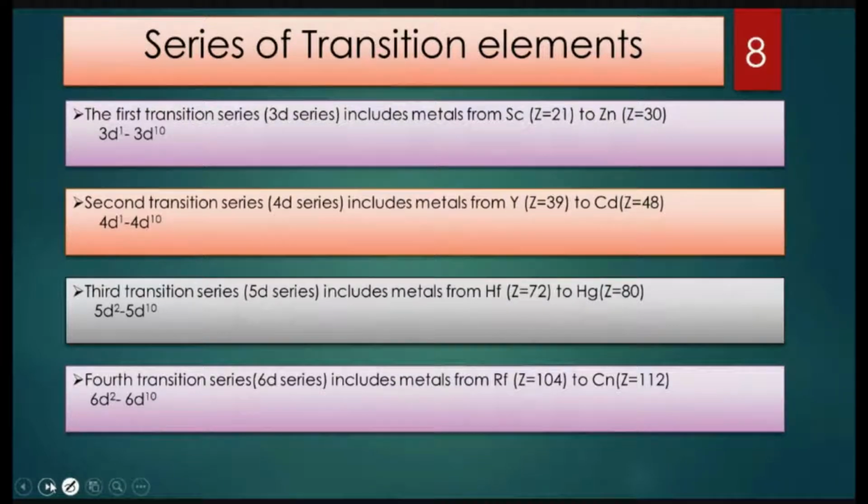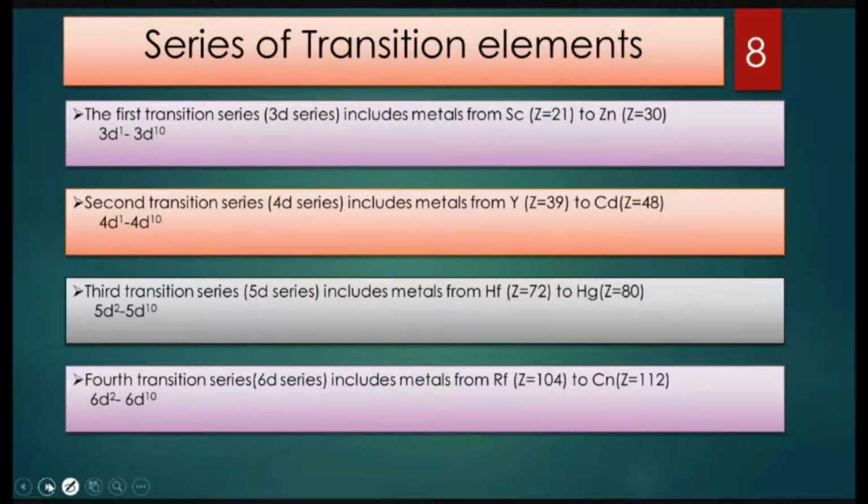The first transition series is called the 3d transition series of elements, because in this series the 3d orbital is progressively filled. Similarly, the second transition series is called the 4d transition series, because here the 4d orbital is progressively filled. Then the third transition series is called the 5d transition series, because the 5d orbital is progressively filled.